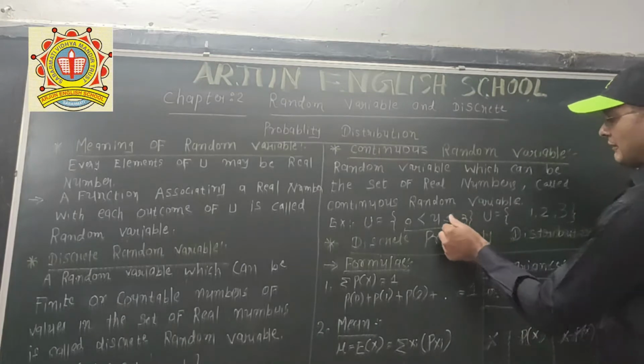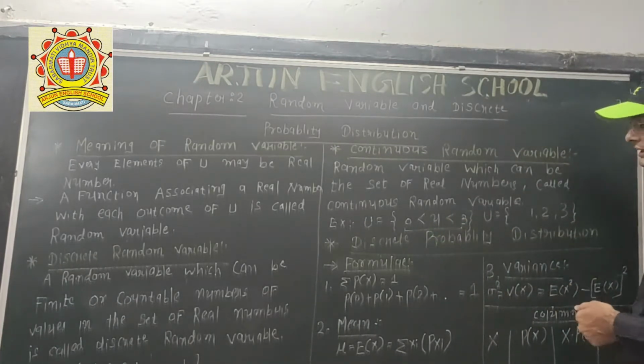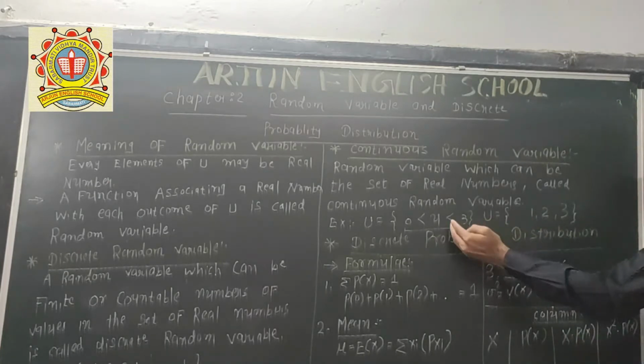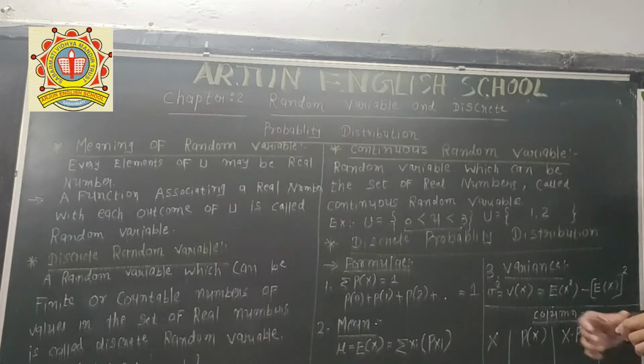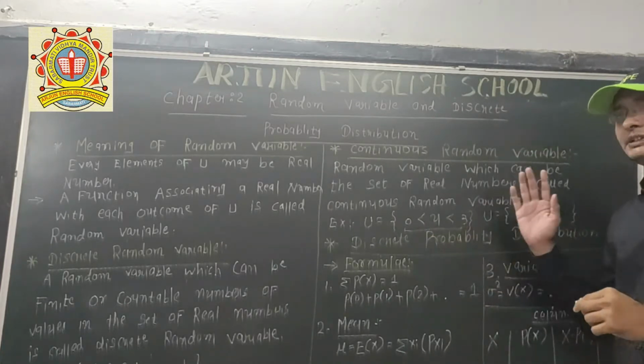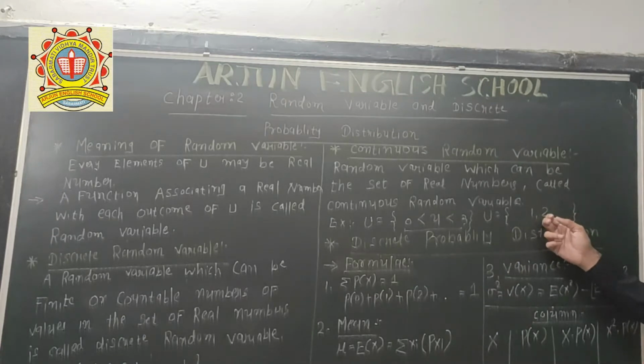Let's say if I remove this equals to sign as well, so 0 less than u less than 3, 3 is the exclusive part, and it means the value of u is 1 and 2 only.